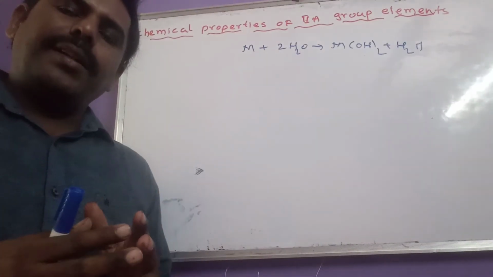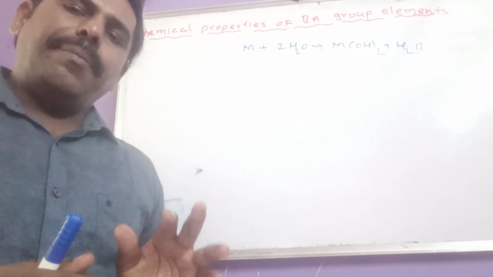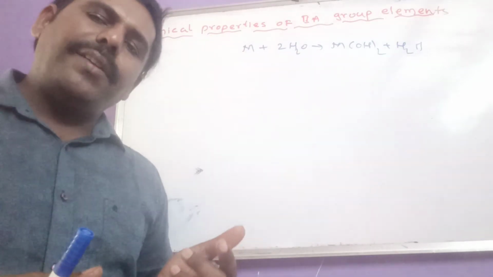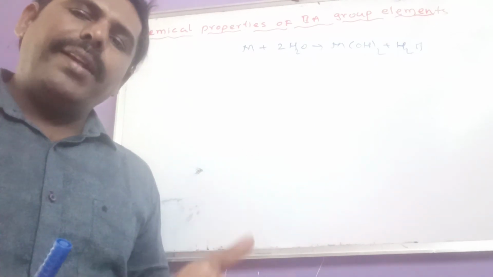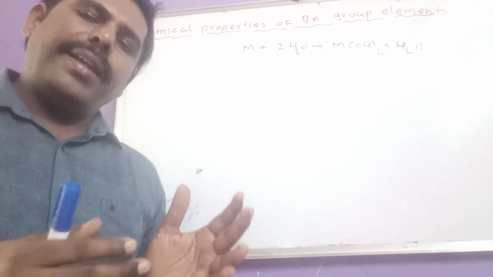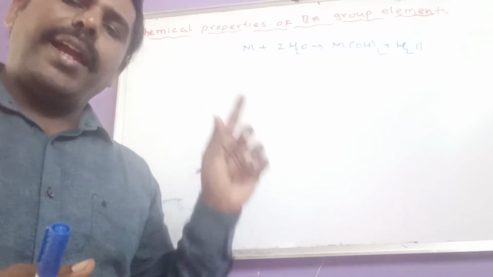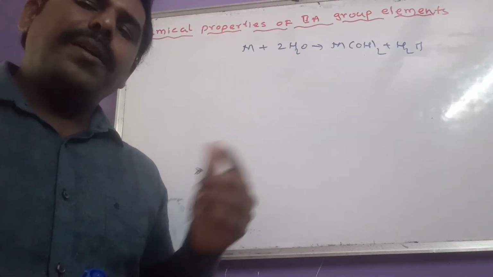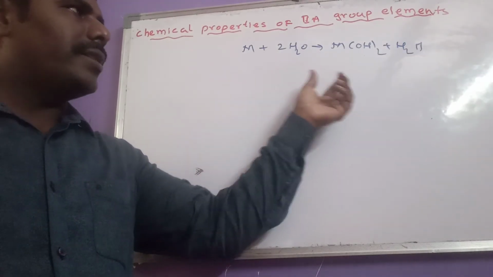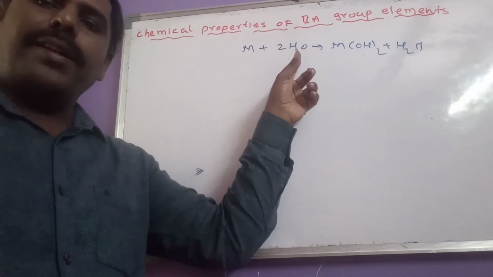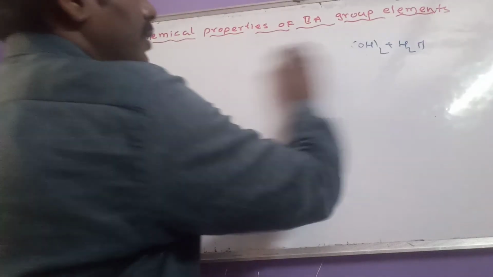Beryllium does not react even with hot water, and magnesium does not react with cold water but reacts with hot water, and the remaining alkaline earth metals react even with cold water. That means reactivity increases from beryllium to barium. So these alkaline earth metals liberate hydrogen gas while dissolving in water. This is regarding reactivity with water.